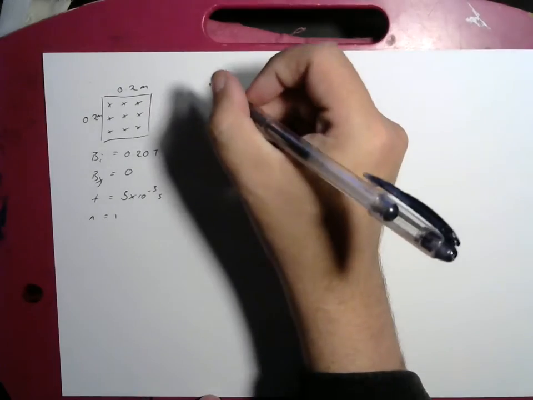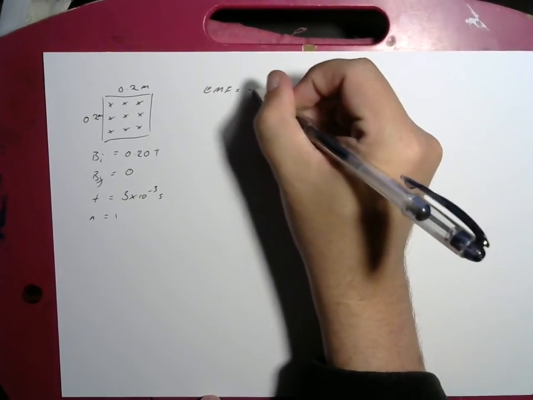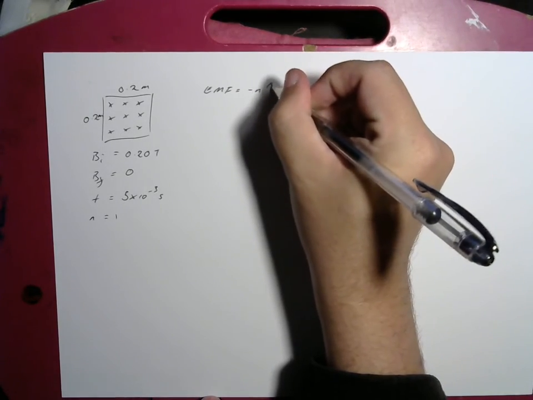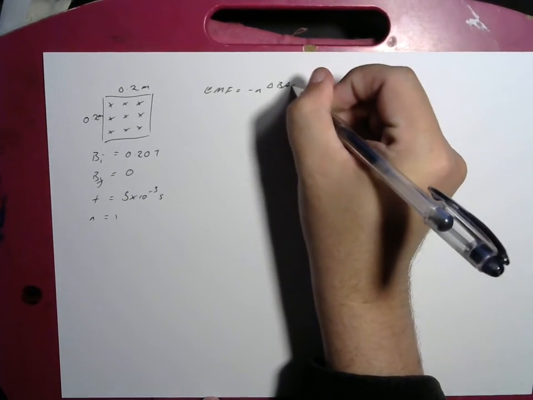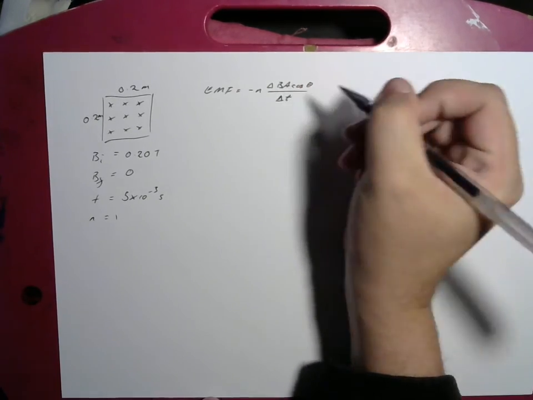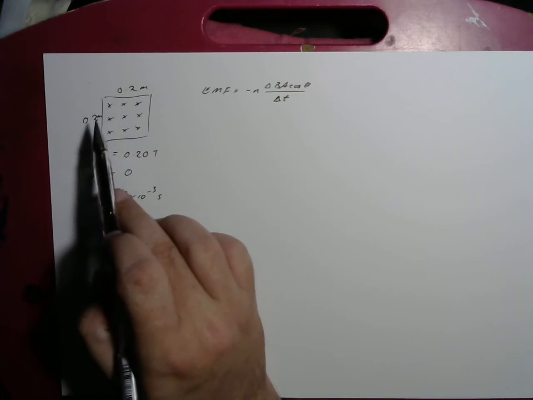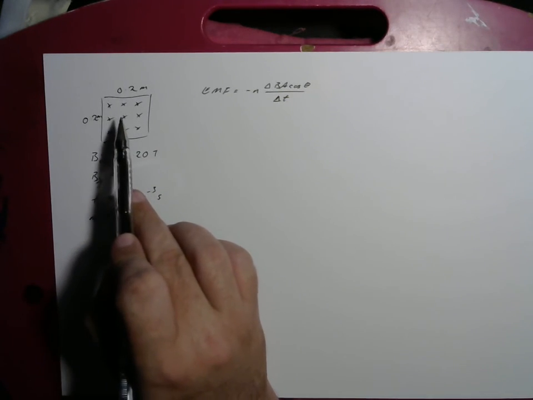Okay, now our EMF formula, remember, EMF equals negative N change of BA cosine theta divided by the change in time. Now, we can see here that the area is flat and the field is going directly into it.